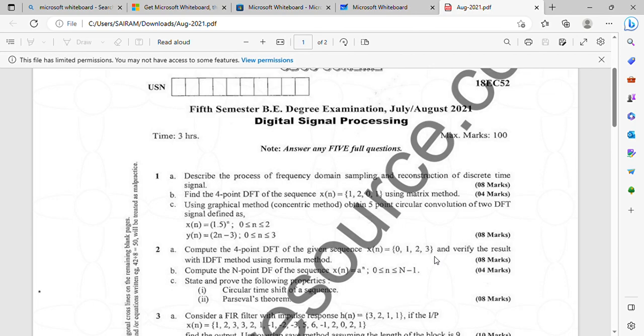For you, your subject code is, I guess, 21 EC 32, 21 EC 42. Let me just check the subject code. But what you have to do is, your syllabus is the same as 18 EC 52. So 18 EC 52 DSP students, whatever syllabus they have, the same syllabus you people also have, the same syllabus is carried.